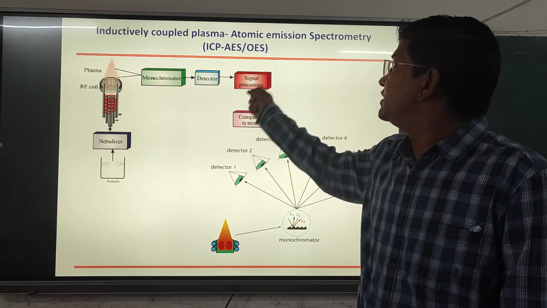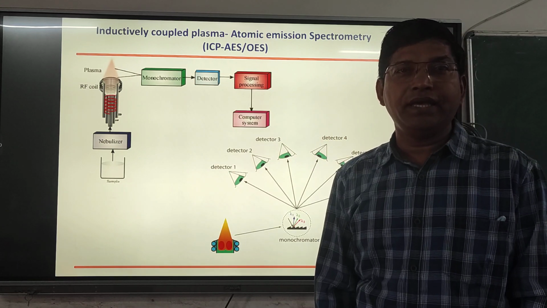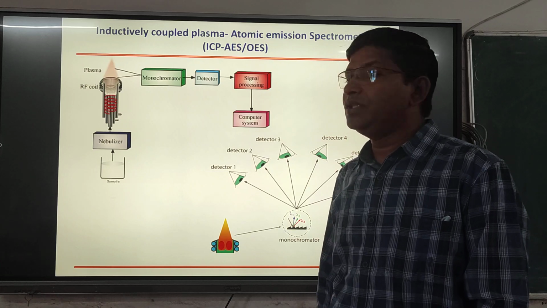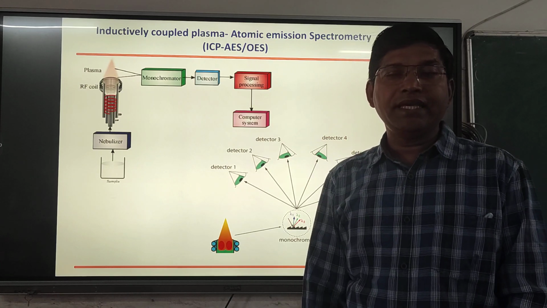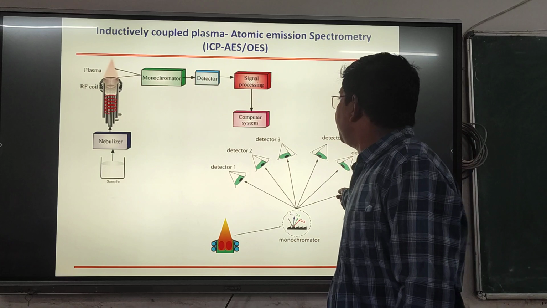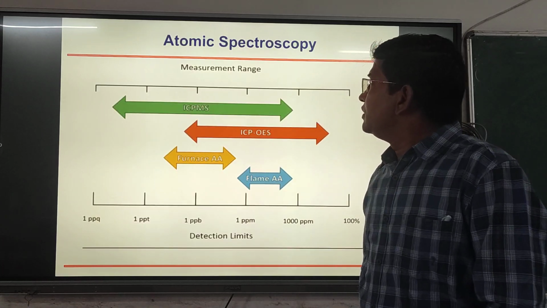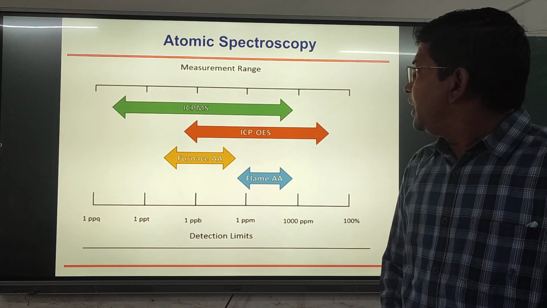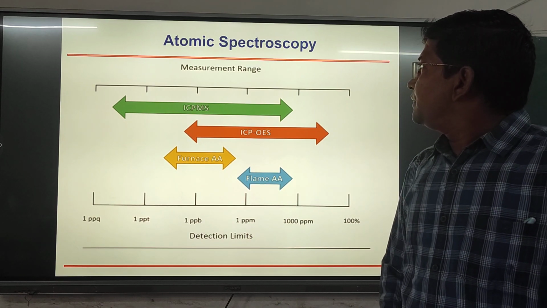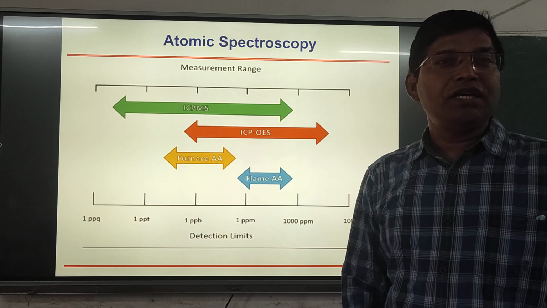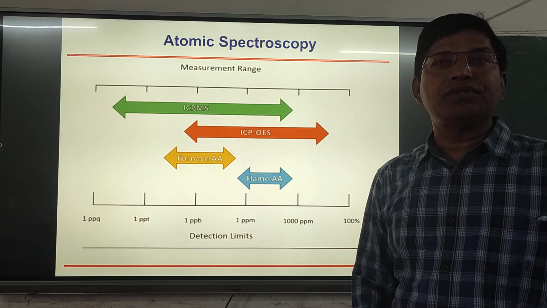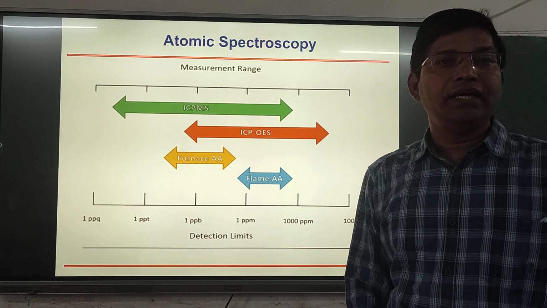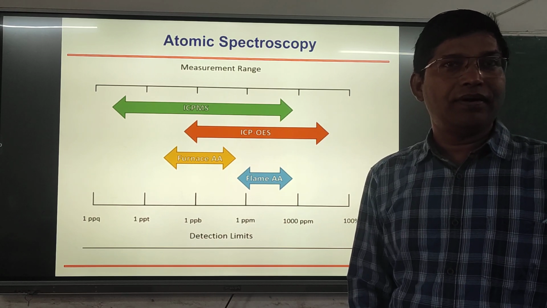So this is about ICP-AES, and in the next slide we will see how this ICP-AES is different from ICP-MS. So before that, as we know, atomic spectroscopy can be used for the different elements present in the periodic table.